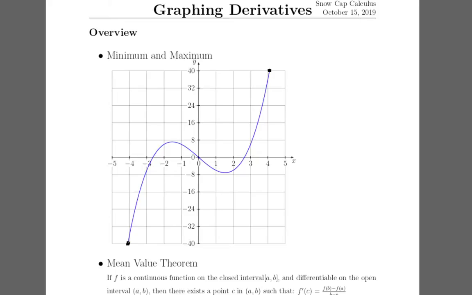Just looking at this interval, our local maximum is right here at the top, and our local minimum would be here at the bottom, because on this interval, conceptually what it means is that the derivative is changing sign. Anything to the left of this point, the function is increasing, so the derivative is positive. Anything to the right of that point, save our other point, is decreasing.